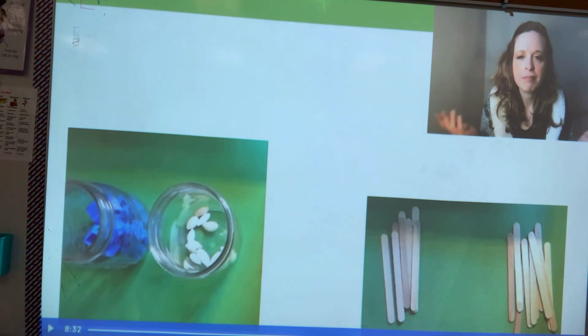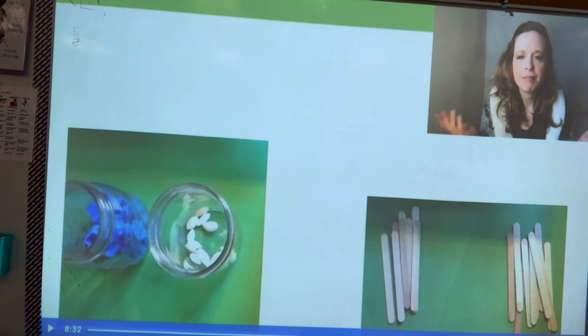What's different about the jars and the pile of sticks? What's different? Estelle. The sticks are brown and the jars are white or clear. Okay. What's another difference, Landon?